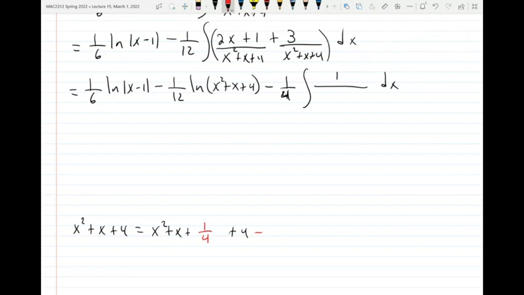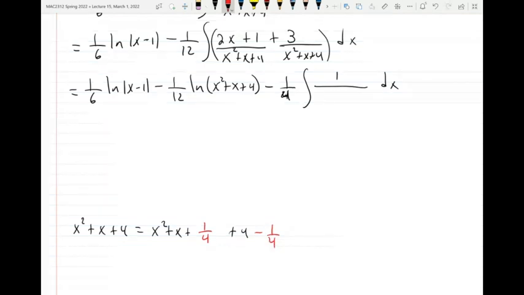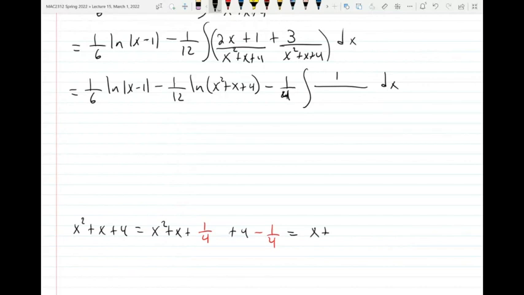So I need a 1 over 4, but then I have to subtract a 1 over 4, okay? So this becomes x plus a half squared plus, what is this? 15 over 4. So that's what we have here. So let me write it like this, as 15 over 4 plus x plus 1/2 squared.